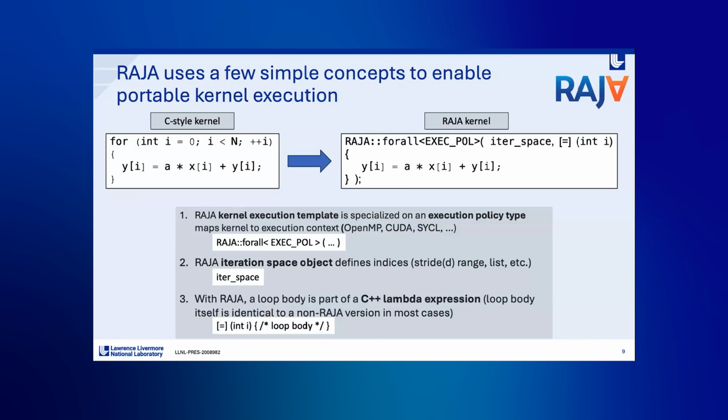The iteration space defines a set of indices to loop over, like 0 through n. And the loop body remains the same as before, but it is now contained in a C++ lambda expression. And finally, the execution policy determines which hardware implementation will be used.